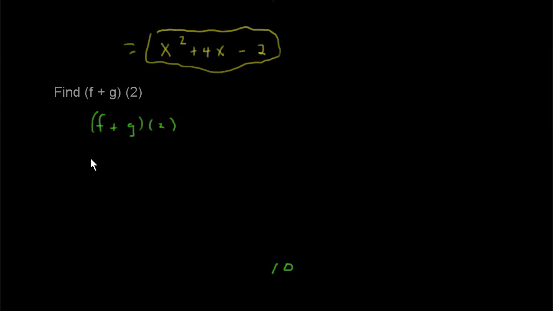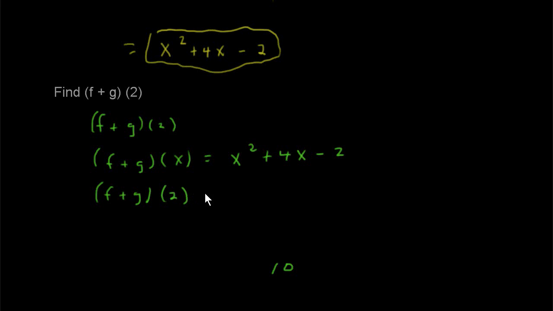So let's just rewrite again what f plus g of x is, even though we have it right up above here. F plus g of x was equal to x squared plus 4x minus 2. That's what we found out in the first problem. And now f plus g of 2, all we're going to do is replace x every time we see it with 2. So let's do that.